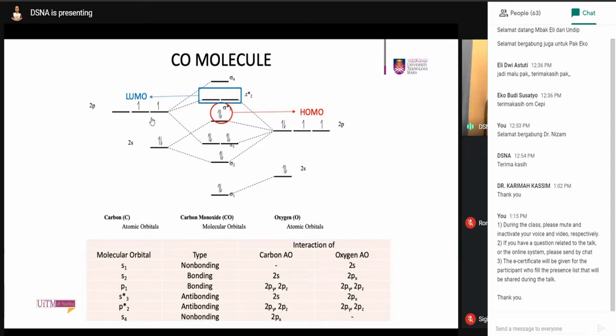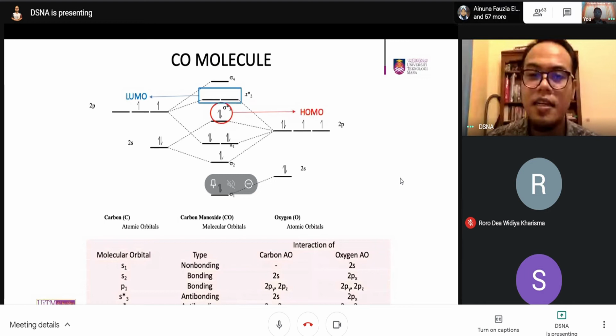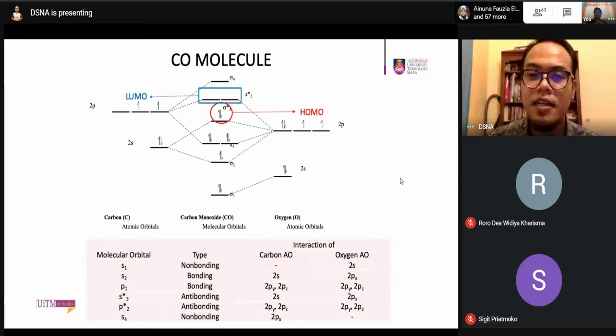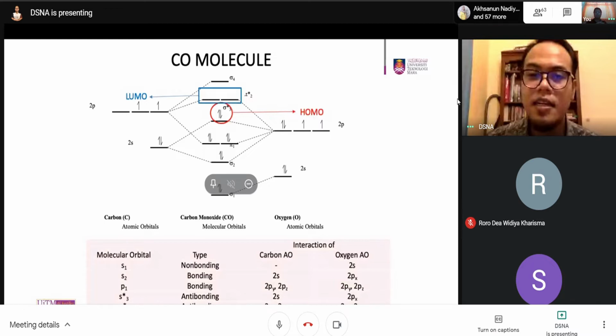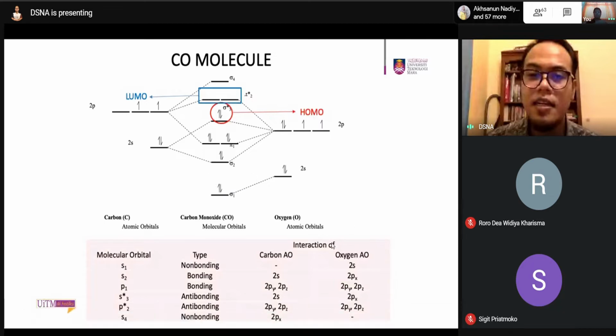So let's see, quickly, the bonding. For sigma 1 we have non-bonding, because oxygen and carbon have different energy.